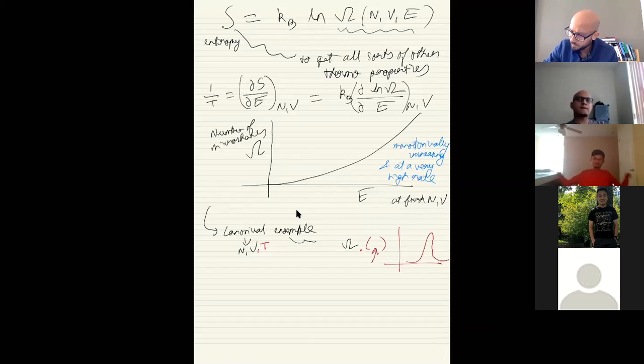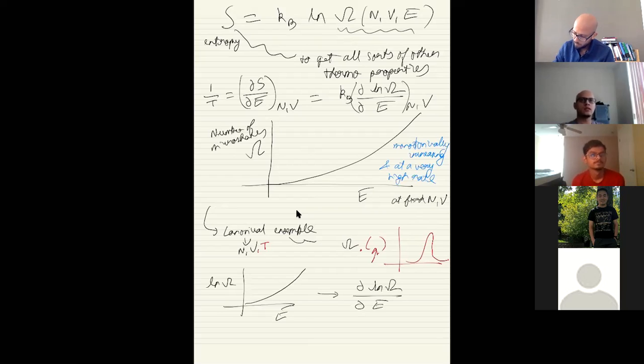So what does this mean for temperature? This means that log of omega versus E is also going to be monotonically increasing. Maybe not so aggressively. You have muted it down, you have toned it down by looking at it on a log scale. This means, however, that partial ln omega by partial E is positive. It can never be zero, right?